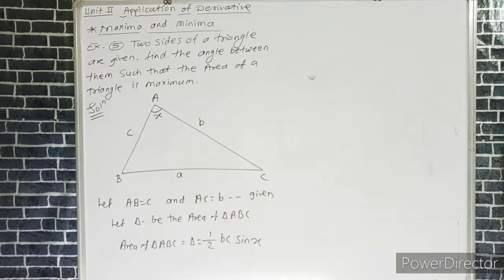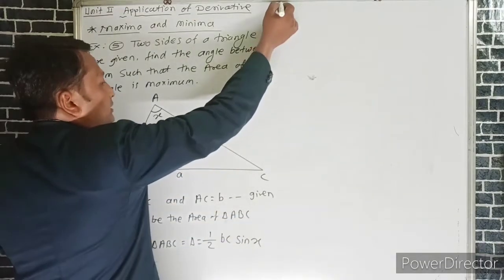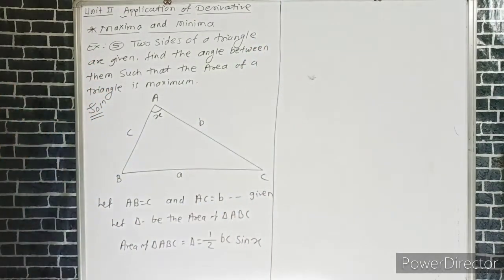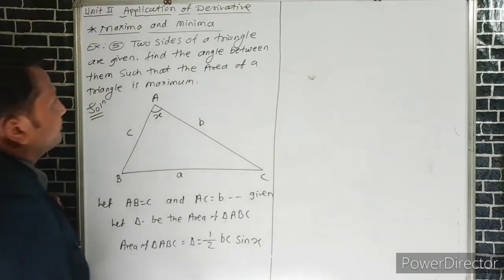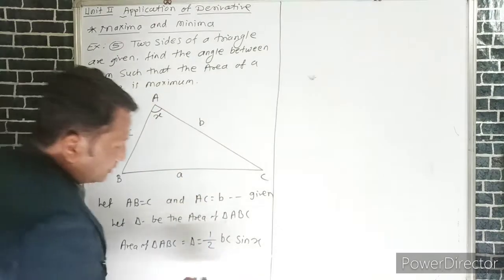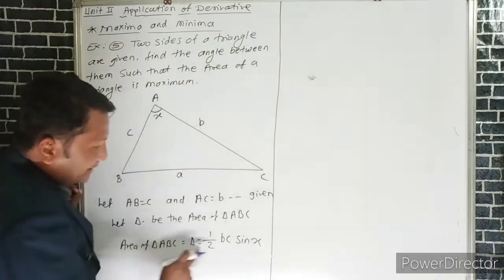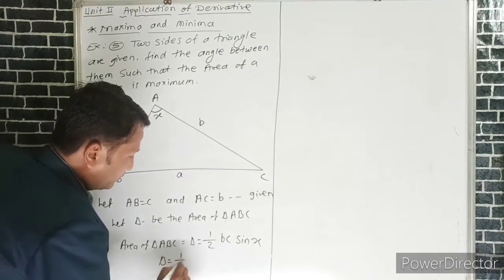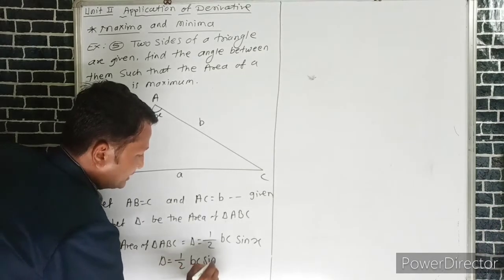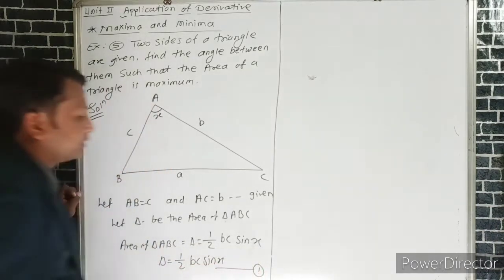So we have to find the angle for which the area of the triangle is maximum. Let us consider del equals 1 by 2 bc sin x, which is equation number 1.